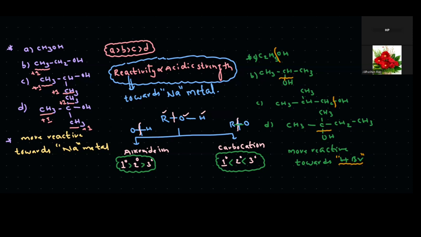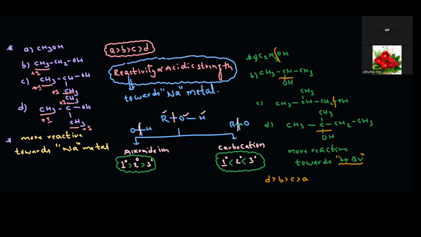So we can write D is more reactive towards HBr. After that, here primary, here secondary. Which one is more stable? Secondary is more stable than C. Next A.